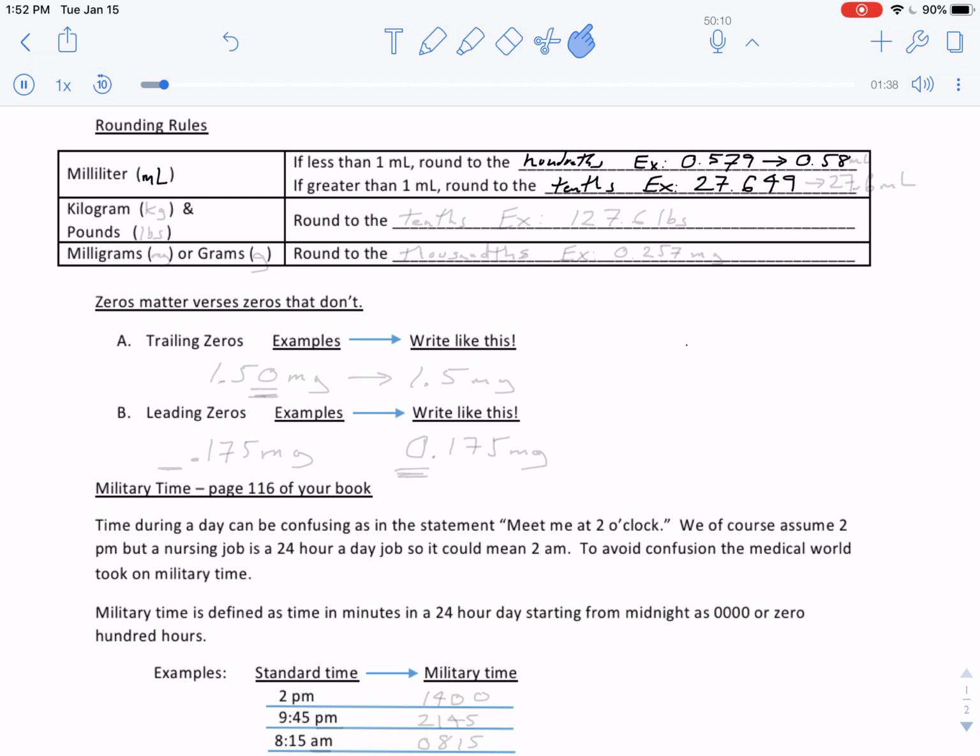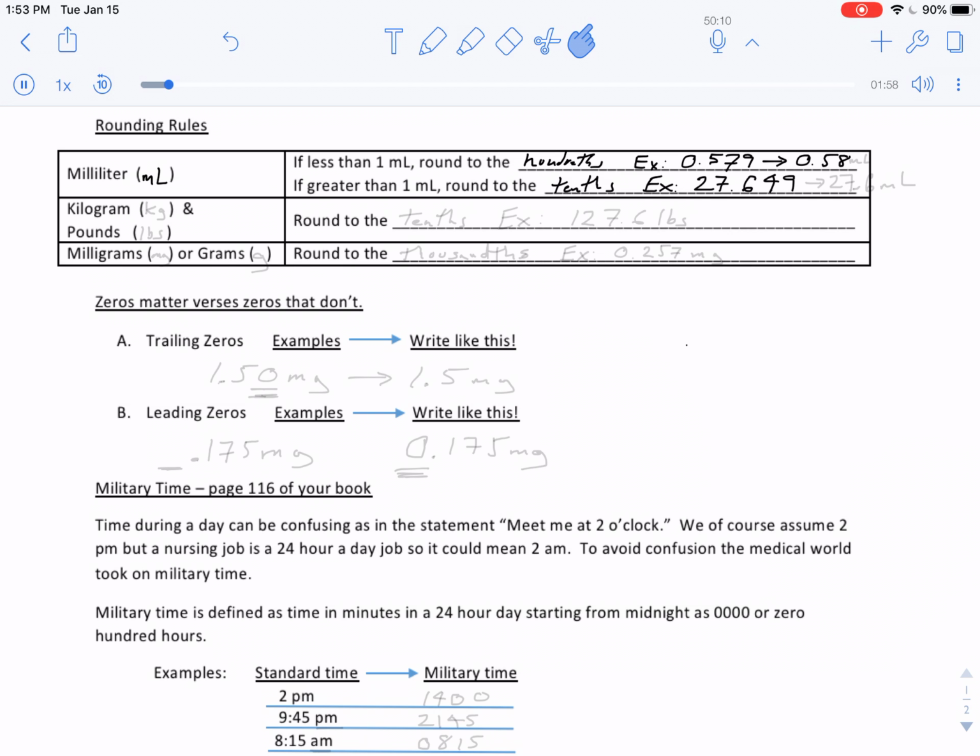And we wanted to round to the tenths place. So to round to the tenths place, the 6 is in the tenths place, so that's what we're looking at. If we take the 6, the 4, which is right after, it doesn't matter what's after the 4, it matters what's right after the 6.